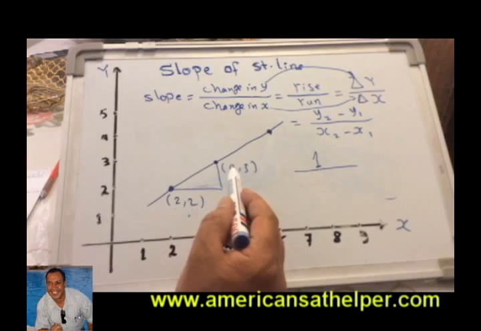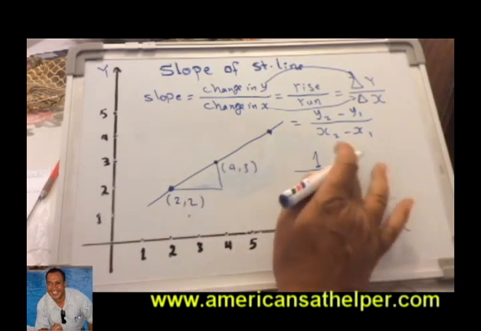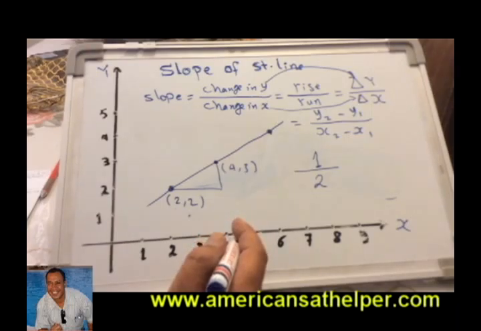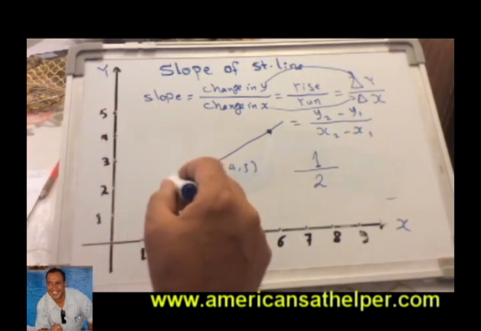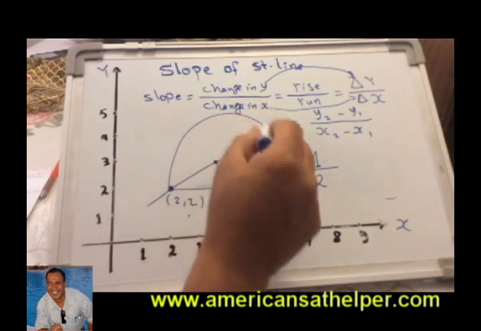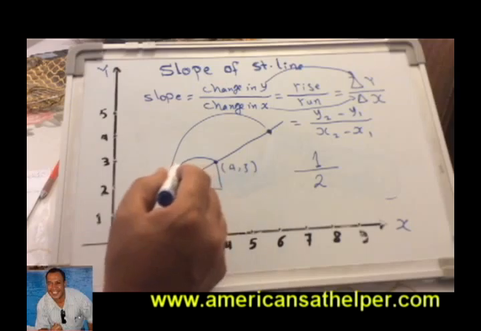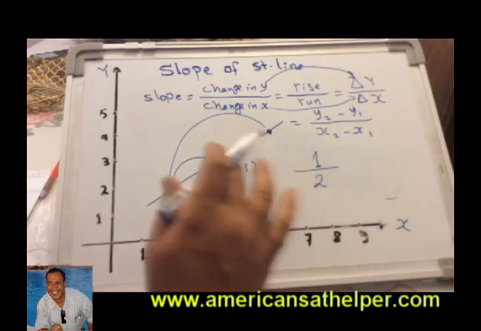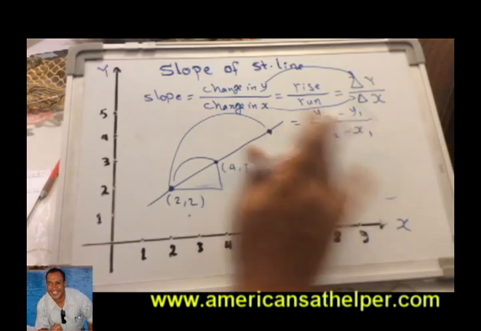The difference between x's is 4 minus 2, which is 2. This is the run. So the value of the slope is half. This means that the slope between these 2 points is the same as the slope between these 2 points, and each time it equals half.